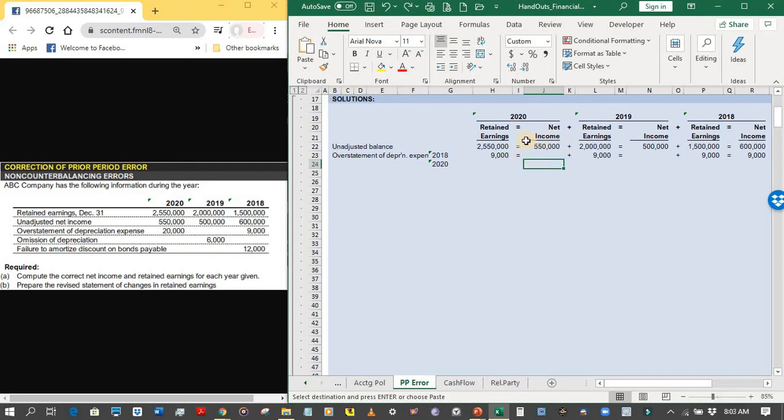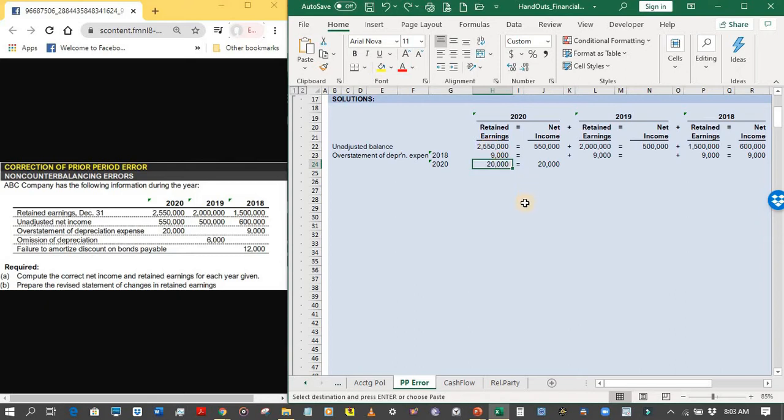And in order to correct the understatement of the net income, we need to add back the 20,000 pesos. Also, an addition of 20,000 pesos shall be made to the retained earnings at the end of 2020 because the 550,000 net income in 2020 was closed to the retained earnings at the end of 2020.